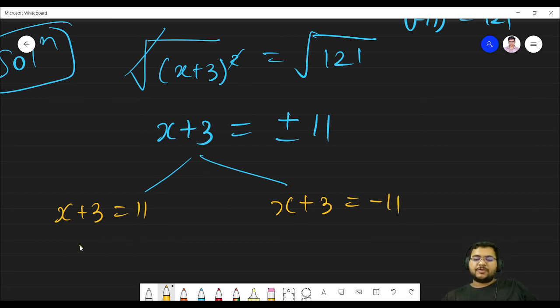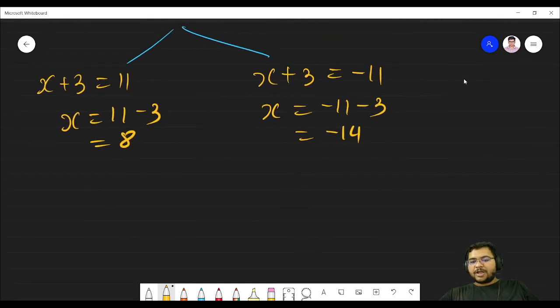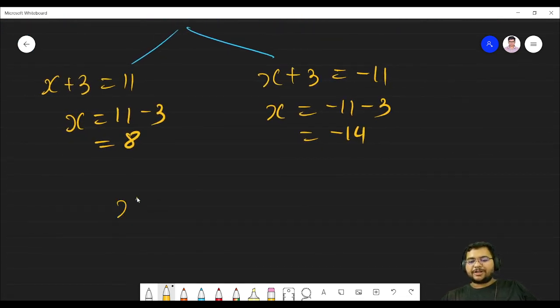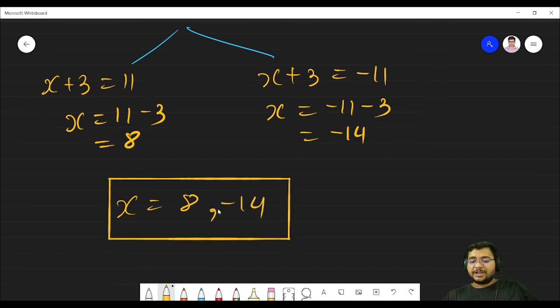By solving this, I get x = 11 - 3, which is 8. By solving this, we get x = -11 - 3, which equals -14. So we get two answers for x: 8 as well as -14. Both answers are correct unless there is a condition given in the question.